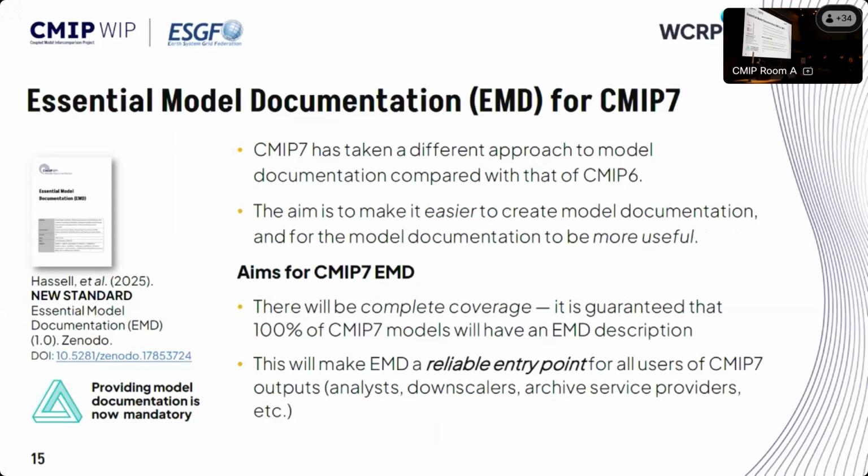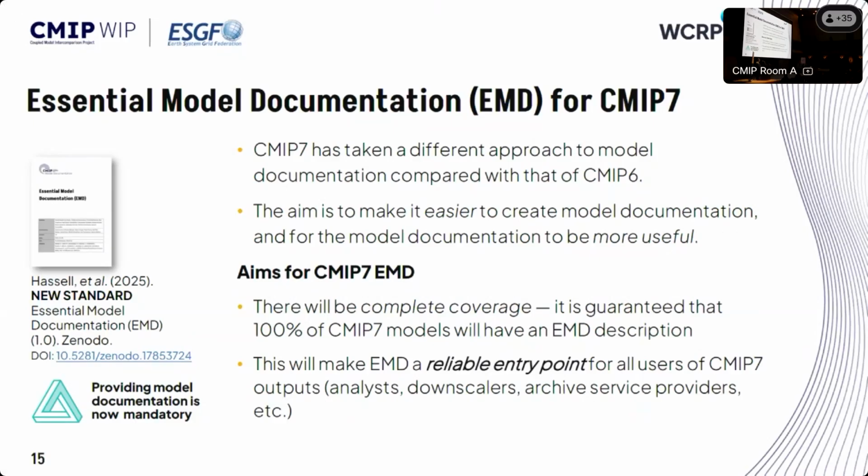So model documentation is going to be mandatory for CMIP7 in order to have 100% coverage. But the compromise that we made is to make that documentation much easier for the modelling centres to provide.